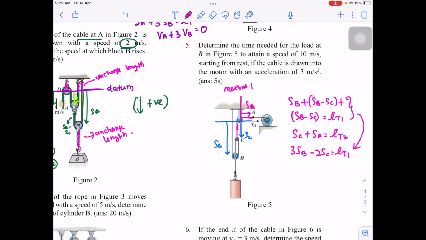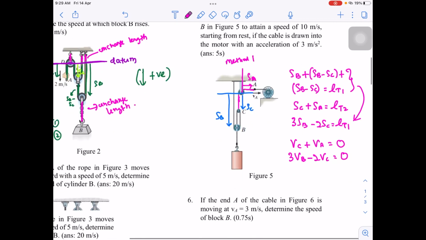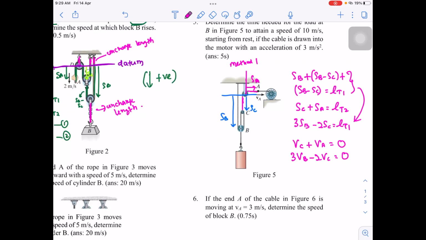Before that, let's simplify first to get V and A. So from these two we get VC plus VA is equal to 0, or 3VB minus 2VC is equal to 0. Okay, same thing, you will have AC plus AA is equal to 0 and 3AB minus 2AC is equal to 0.